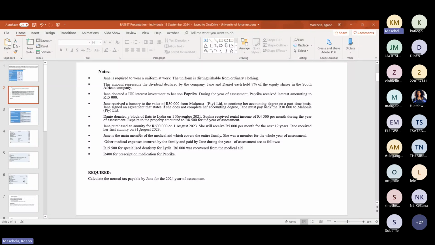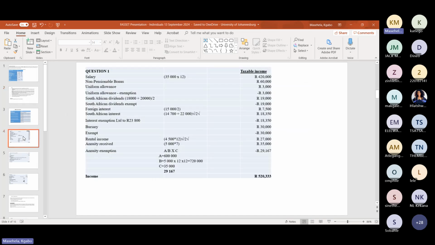Where's that transaction? They say Jane received the first annuity payment on 31st. Then when you count, it will be 7 months annuity receipt. It's 35,000.